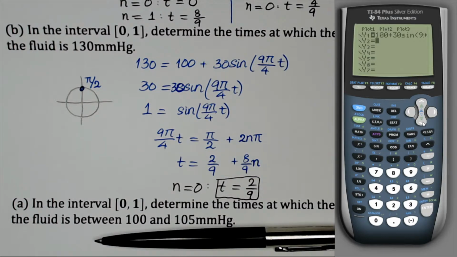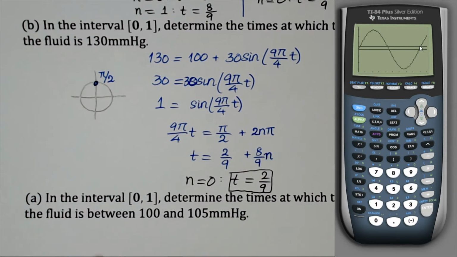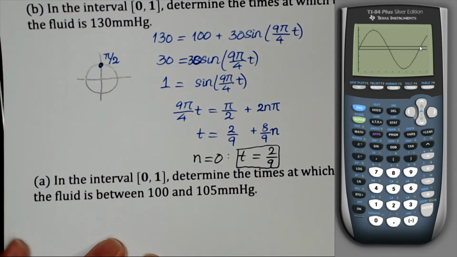We can put 100 for one function, and then the other one is 105. And then when we graph, you see that there will be 3 answers where it is equal to 100, and then 3 more when it is equal to 105. So pretty much we find this interval here, and that interval there.